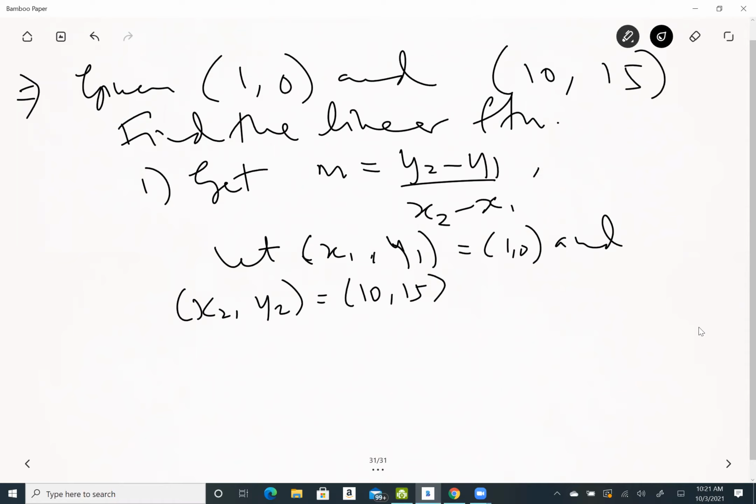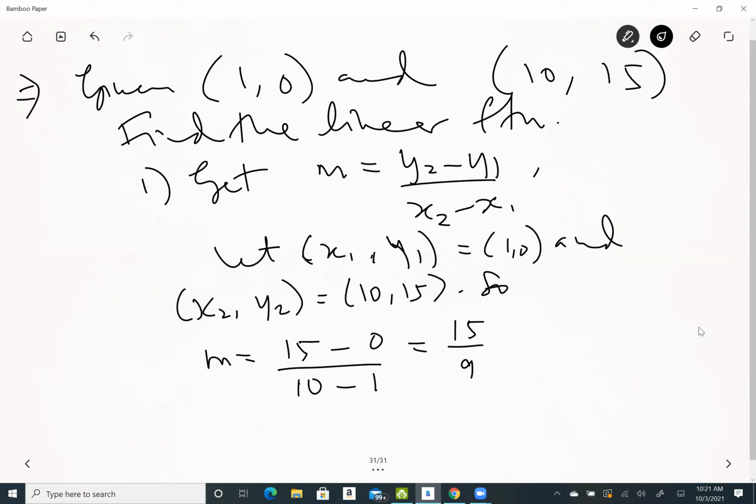So the slope will be what? By substitution, the slope equals 15 minus 0, that is y1 is 0, divided by 10 minus 1. So you got 15 over 9. Now 15 over 9 is 5 over 3.